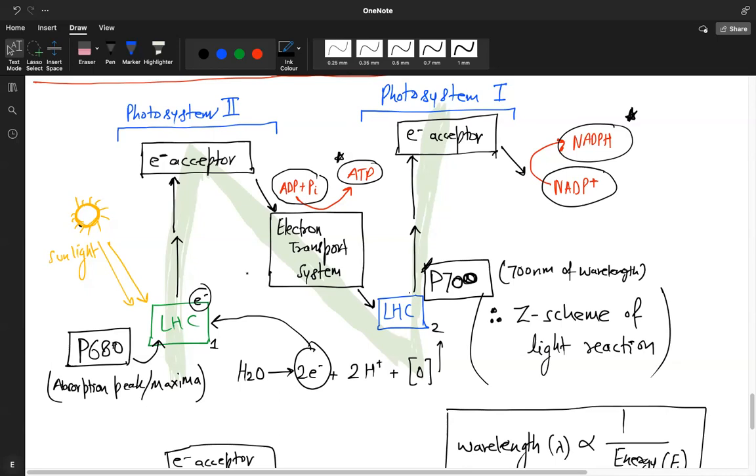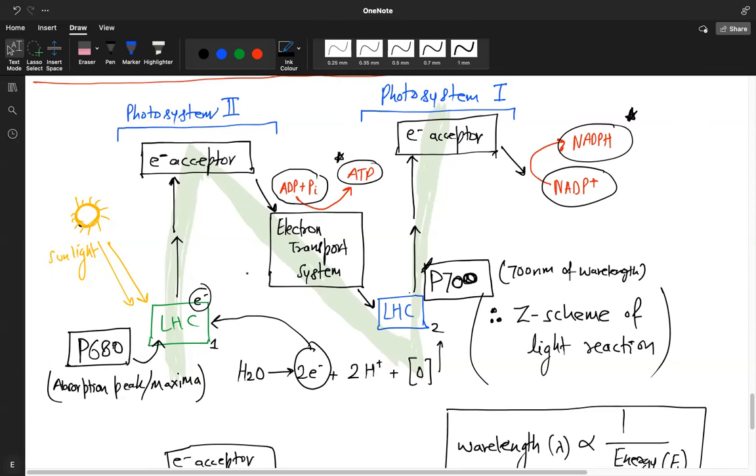You can clearly see that NADP plus is a positively charged molecule, which means it has more protons than electrons. So to become a neutral molecule, it needs one electron. So you will give that one electron from that electron acceptor in photosystem 1, so that from a charged NADP positive it becomes a neutral NADPH.